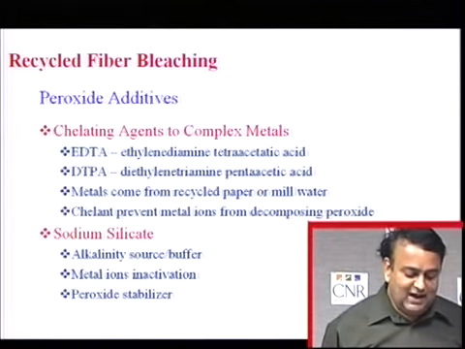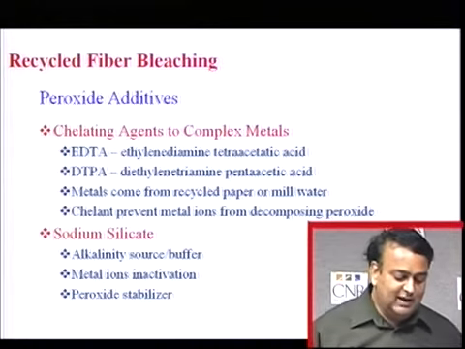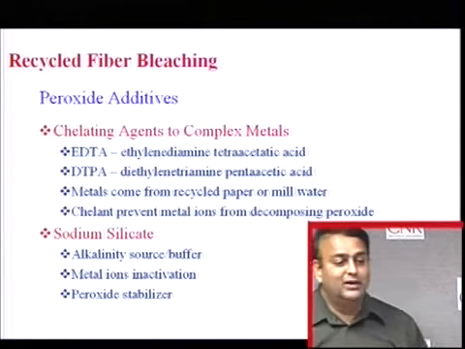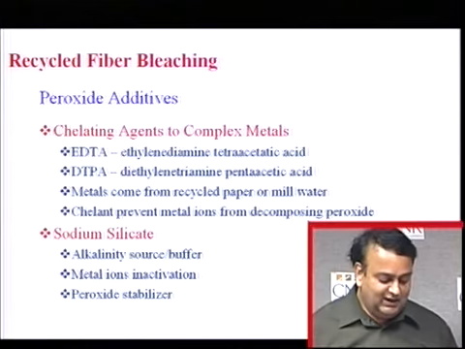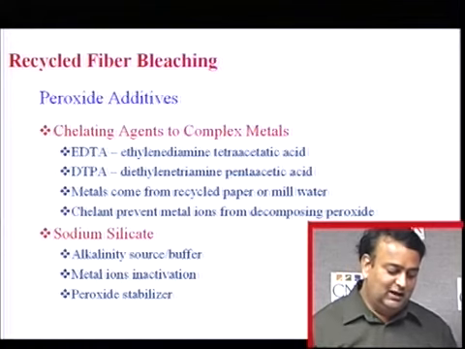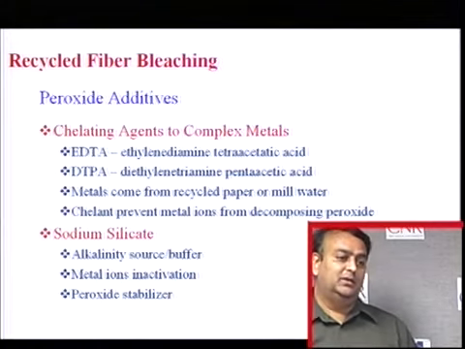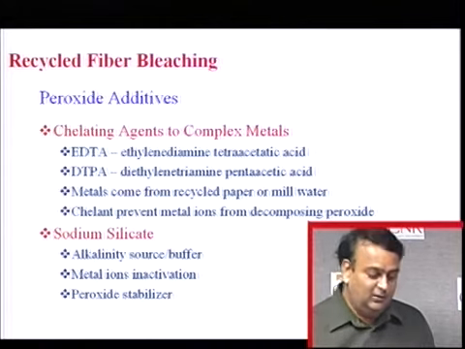EDTA is ethylene diamine tetraacetic acid, DTPA is diethylene triamine pentaacetic acid. Sodium silicate is a buffer and inactivates metal ions, and it also stabilizes peroxide. So silicate, chelant and caustic are the chemicals that go with peroxide bleaching, as I explained to you before.